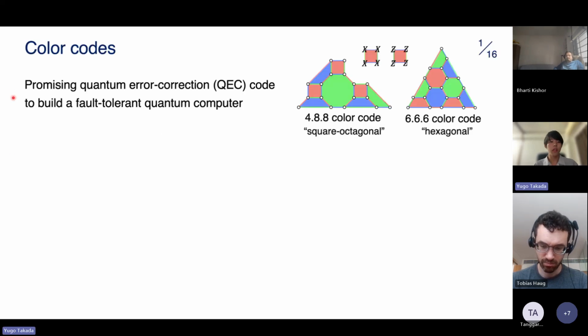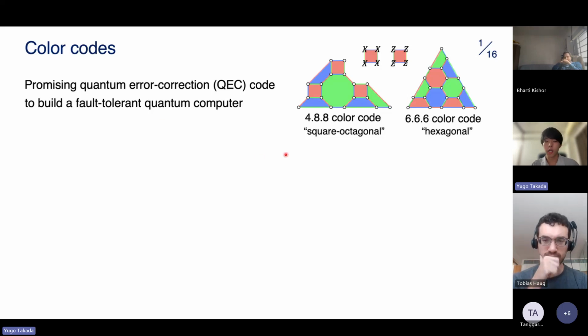In this talk, we will focus on color codes, which are promising quantum error correction codes to build a fault-tolerant quantum computer. Color codes are topological codes defined on a three-colorable trivalent graph.